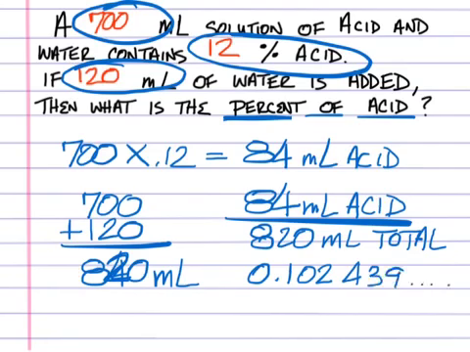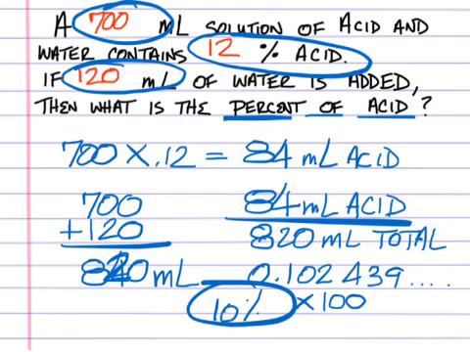To convert that to a percent, you must multiply it by 100. When you multiply by 100, you get 10.24390, and so on. But we want to round our answer to the nearest percent. It comes out to be 10%.